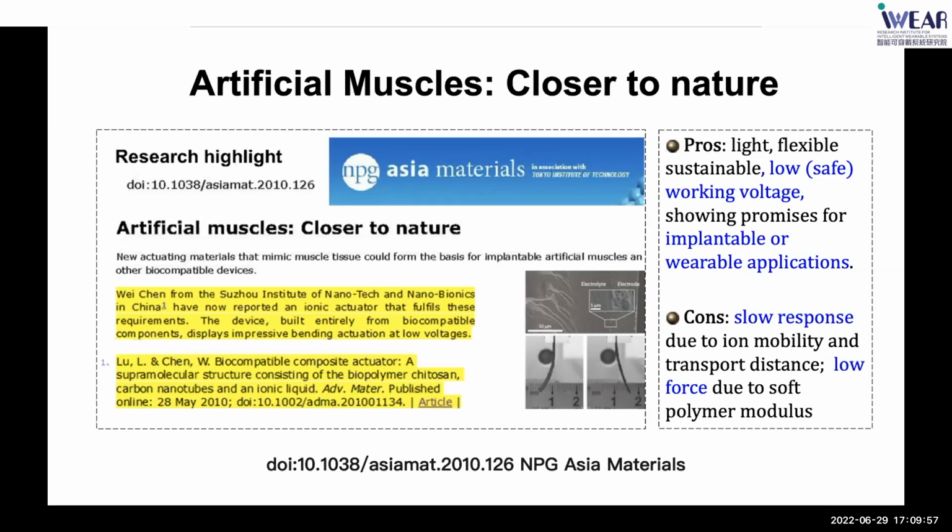Compared with electronic devices, due to the low ion mobility, the device response is quite slow. This is the first challenge. And then, due to the soft polymer modulus, the mechanical output is also quite low. That means the low force output cannot support enough mechanical work.